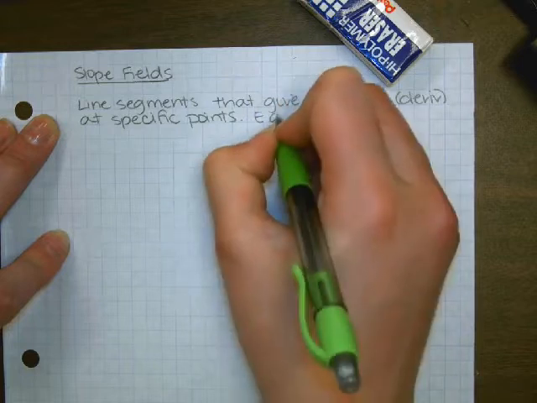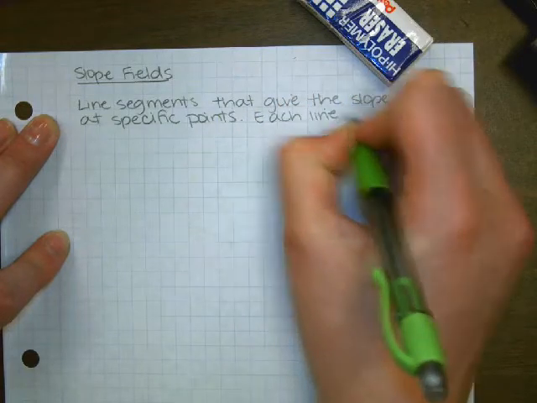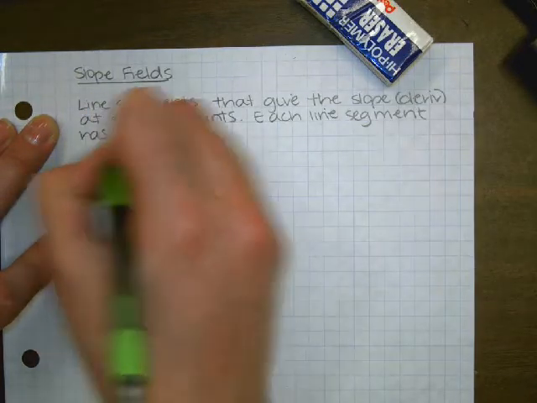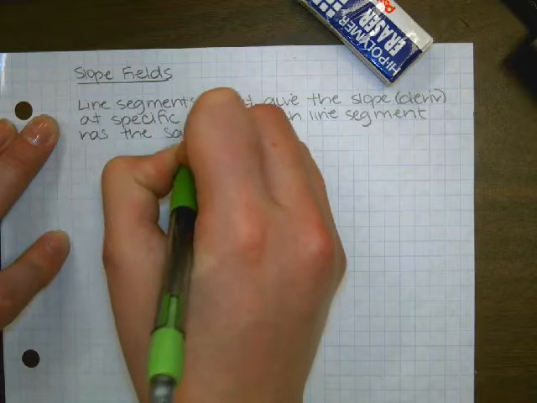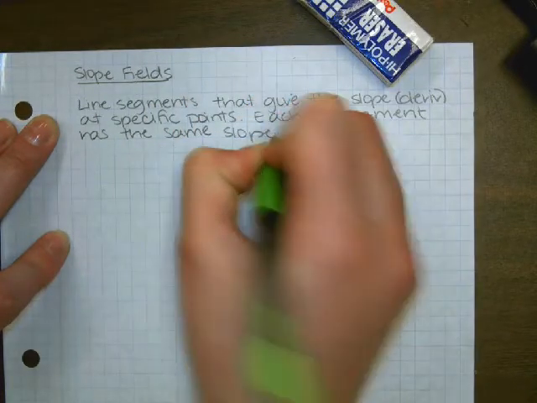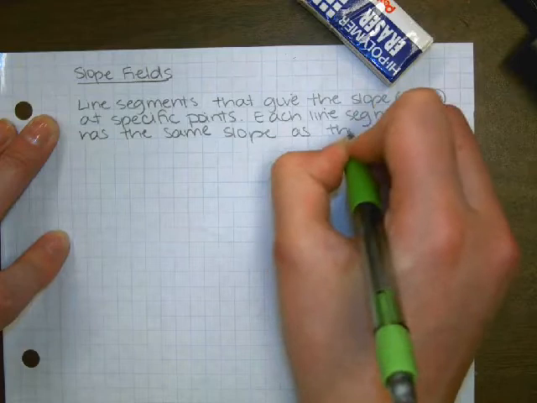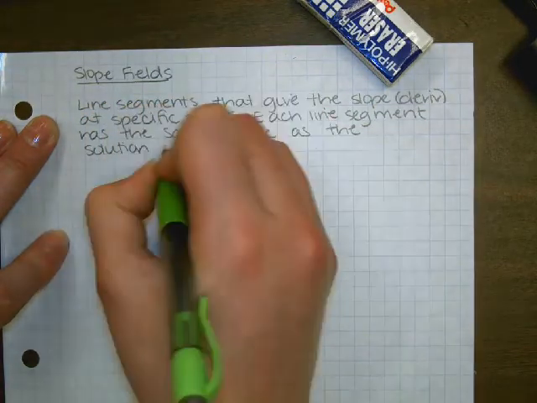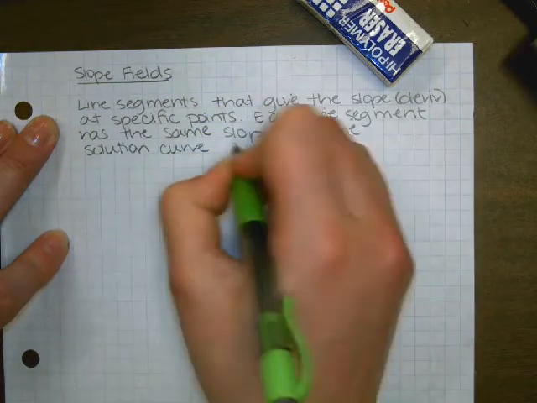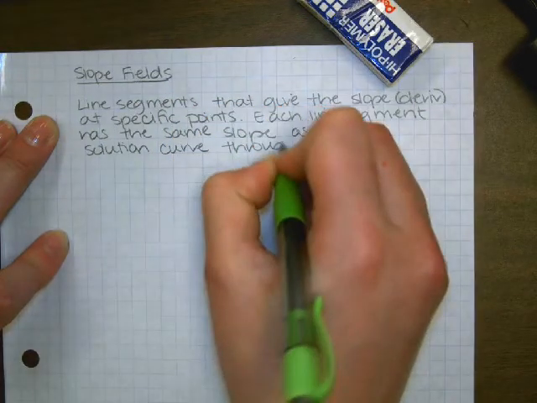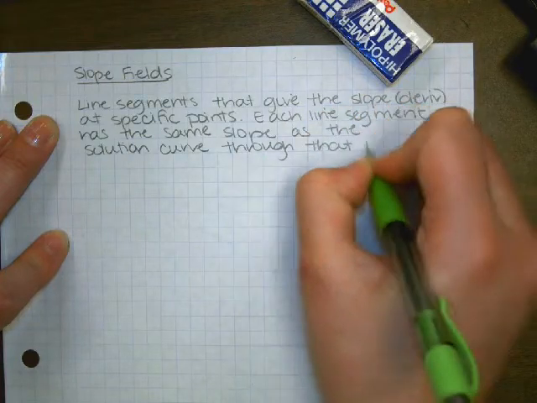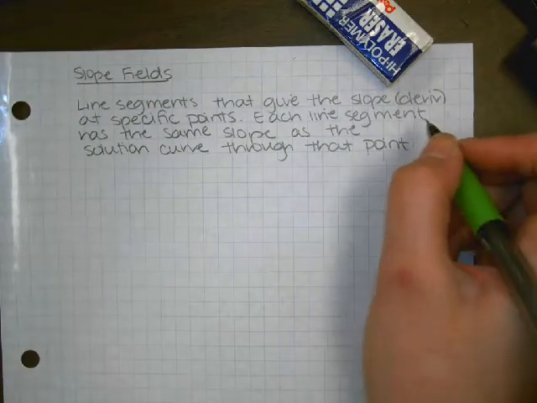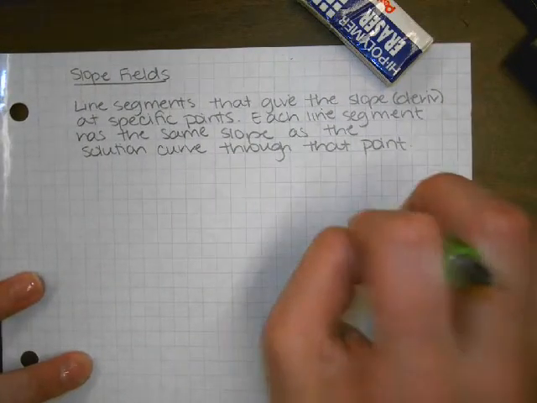Each line segment has the same slope as the solution curve through that point. I know that doesn't make a lot of sense right now, but after we see pictures of slope fields and start working with them, then we can go back to that definition and it will make more sense.